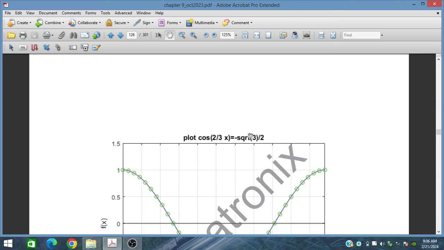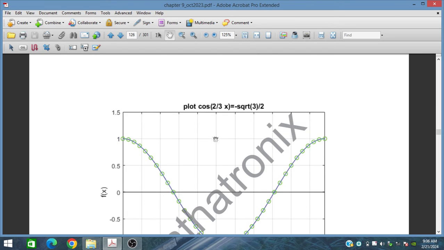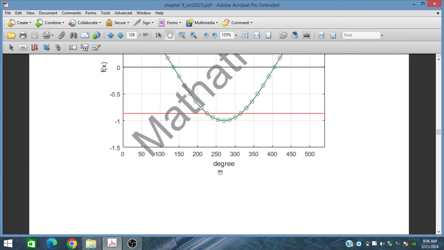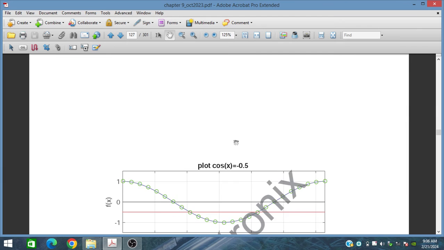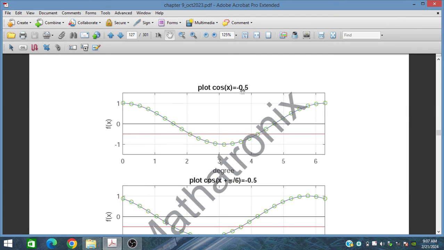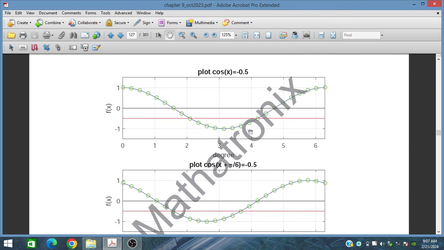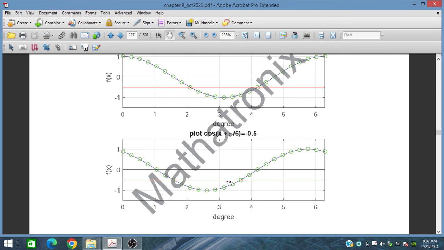And now plots of cos(2x upon 3) equal to minus root 3 by 2. So we see this is here. Similarly, this is cos x equal to minus 0.5, and we have to plot this one, and we see that this is shifted on this side. So we see the solution here.